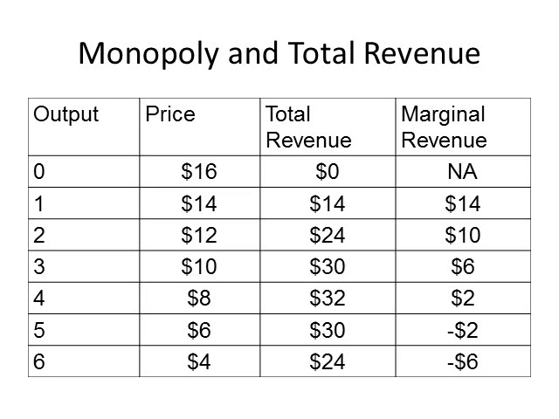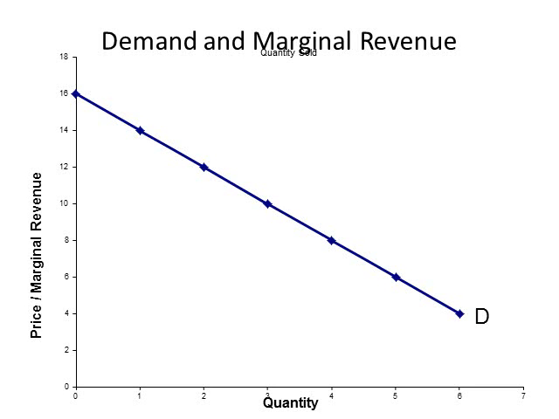When the monopolist produces 3 units of output, it is $6, and when the monopolist produces 4 units of output, the marginal revenue is $2, and when the monopolist produces 5 units of output, the marginal revenue is minus $2, and when the monopolist produces 6 units of output, the marginal revenue is minus $6.